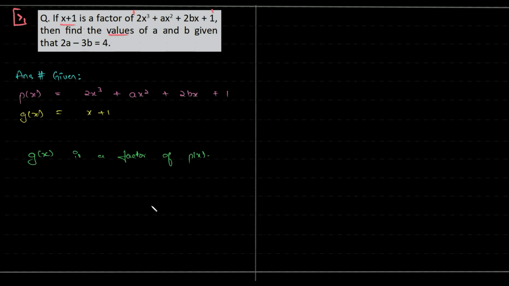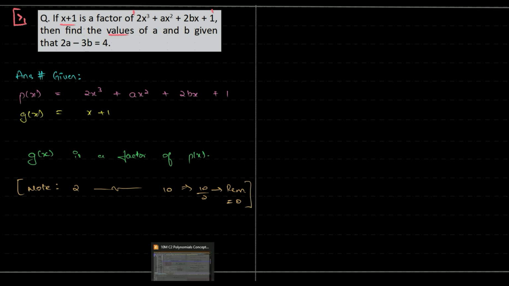That means that g of x can divide p of x with a remainder of 0. Like for example, 2 is a factor of 10. What does this imply? When I divide 10 by 2, the remainder happens to be 0. That's the whole funda.